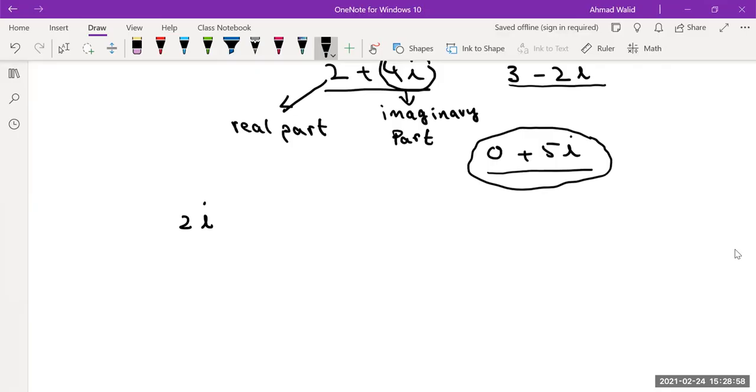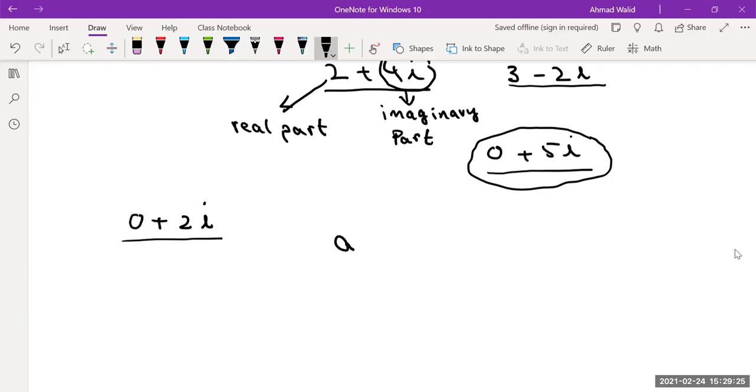Definitely yes. Remember, any imaginary number that doesn't have a real part, you can immediately write it as 0 plus that number. For example, 0 plus 2i. Then any imaginary number also represents a complex number, correct?